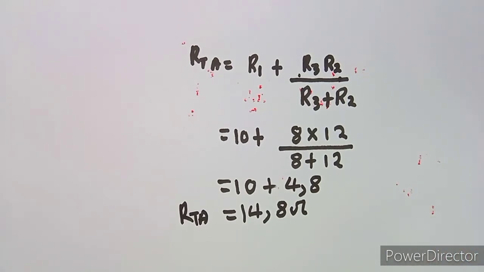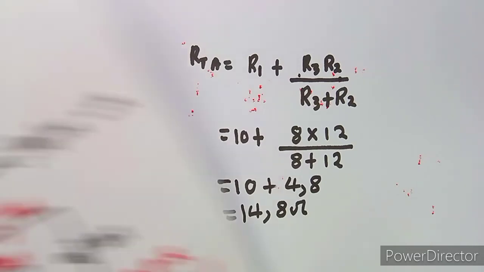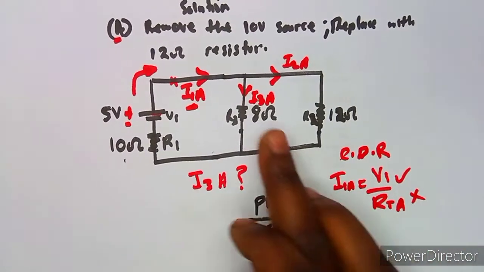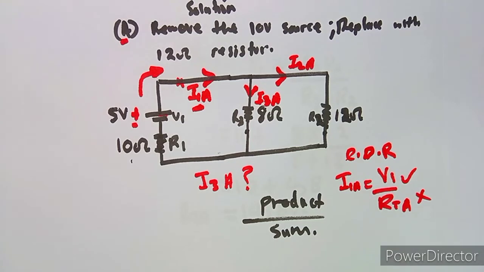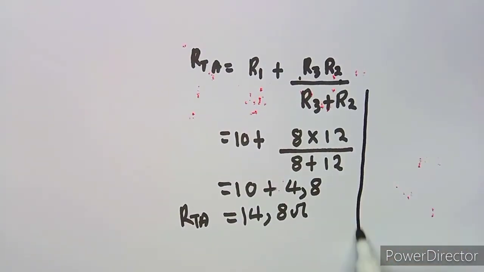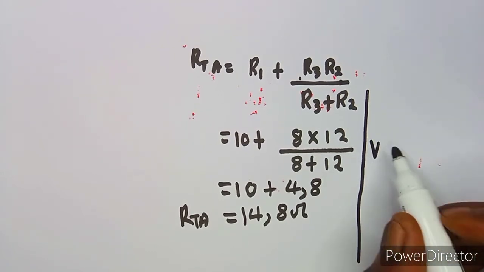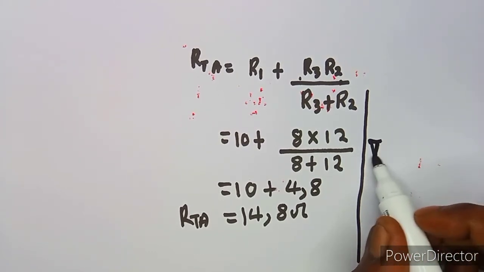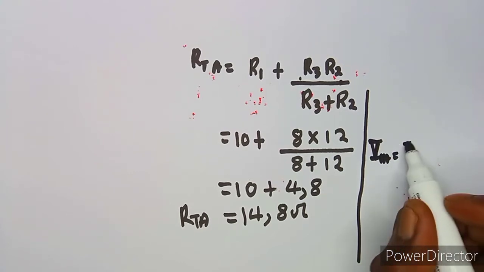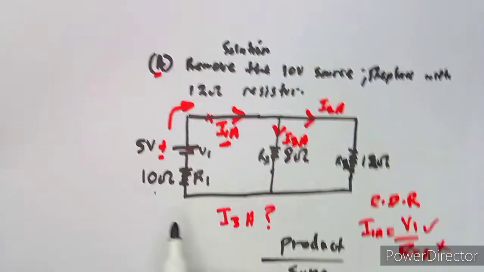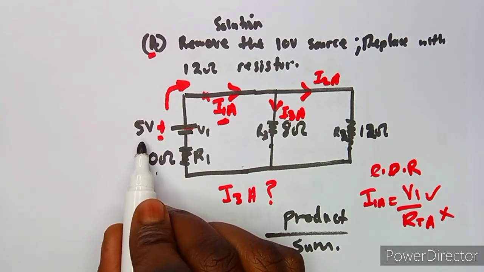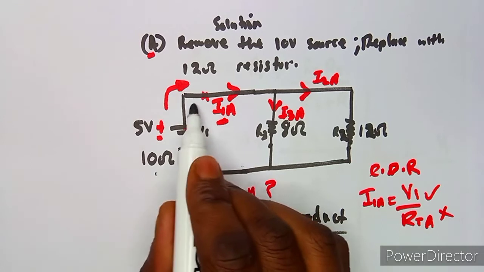So how is this going to help us? Remember, we said the current that is going to flow in I1, which is the total current, the one that you want to use in the current divider rule, is V1 over RT. So from this consideration, we can have our I1, which is the total current, which is V1 over RT. Take note, we are working with V1 because we want this current.